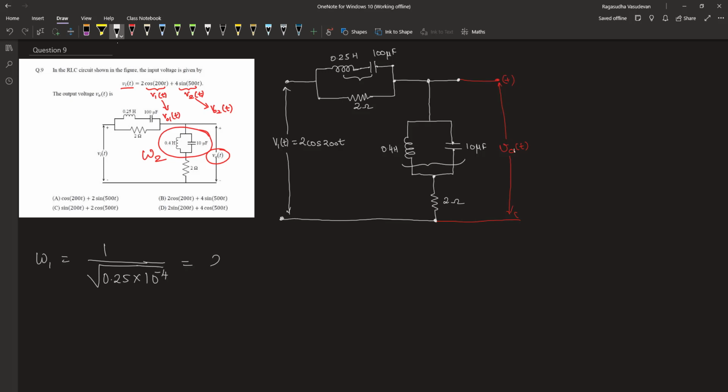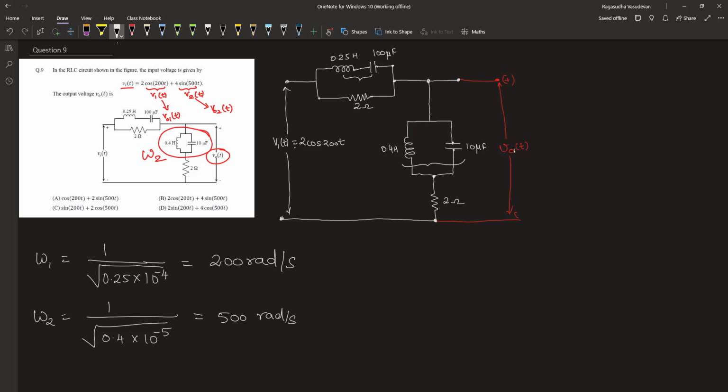This is equal to 200 radian per second, and omega 2 is equal to 1 divided by the square root of 0.4 Henry multiplied by 10 microfarad, which is 10 to the power minus 5. This is equal to 500 radian per second.